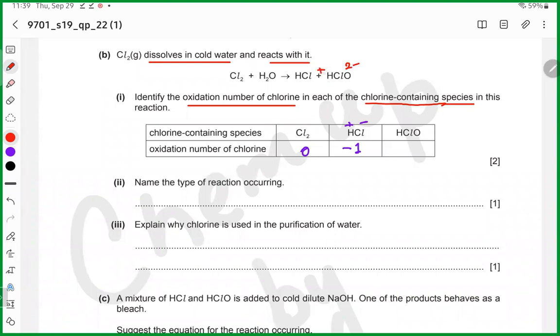Hydrogen is positive one. In HClO, the sum of charges is 0. Oxygen has a -2 charge, hydrogen has a +1 charge, which means chlorine has a +1 charge over here. So the answer will be +1.